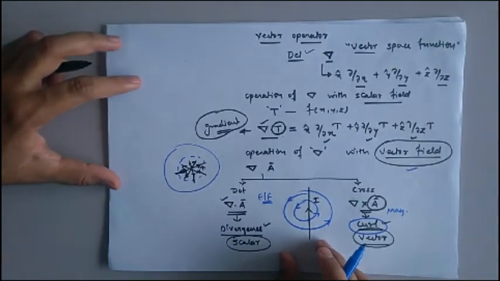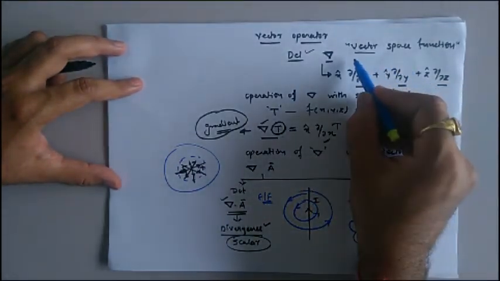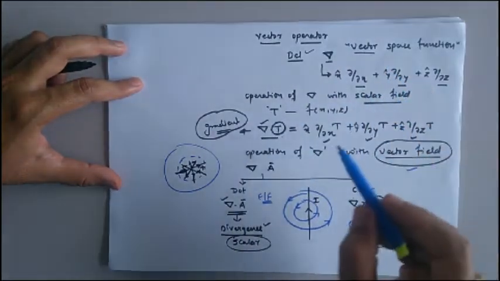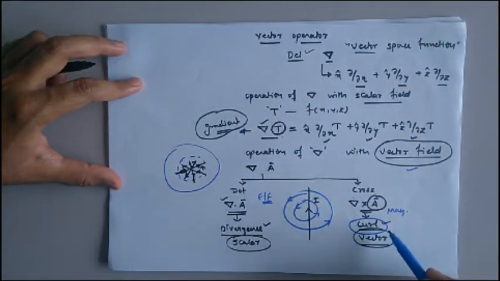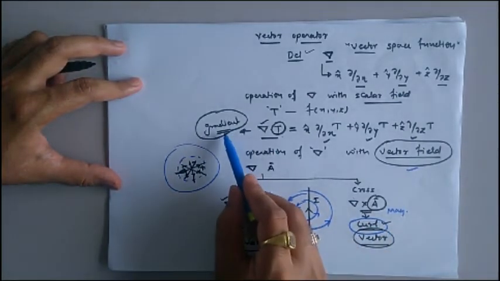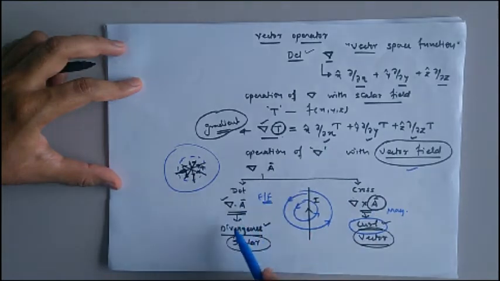So this is the concept of vector operators: what is the meaning of del operator, gradient, divergence, and curl. The output of gradient is always a vector quantity, the output of divergence is always a scalar quantity, and the output of curl is always a vector quantity.